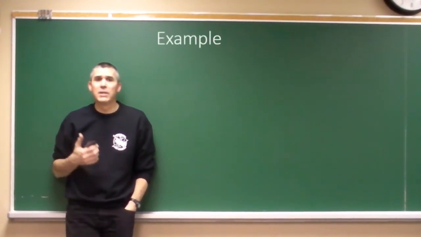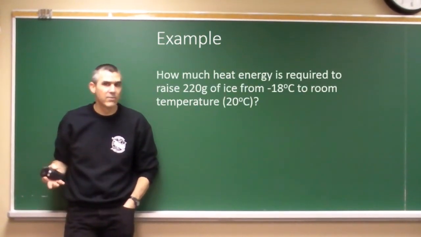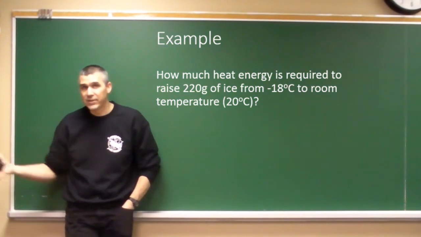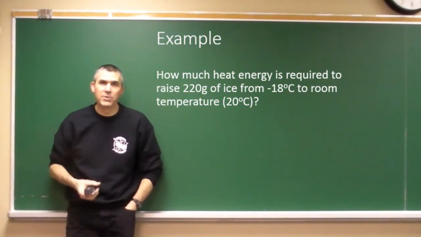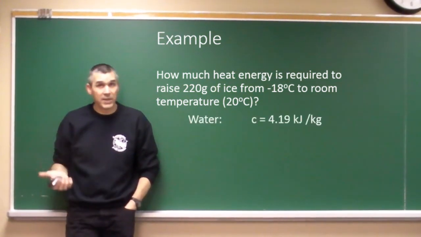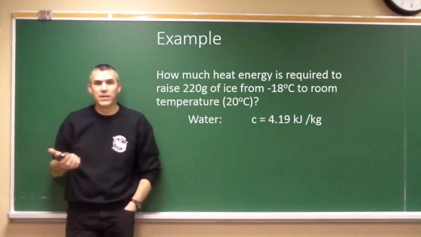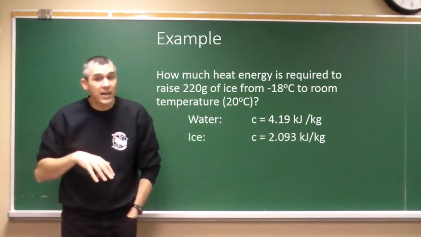To give you an example, how much heat energy is required to raise 220 grams of ice from minus 18 degrees Celsius, say you pull an ice cube from the freezer, to room temperature, you let it sit at room temperature, so how much heat is it absorbing during that transition. Specific heat capacity of water is 4.19 kilojoules. As ice, it's actually lower.